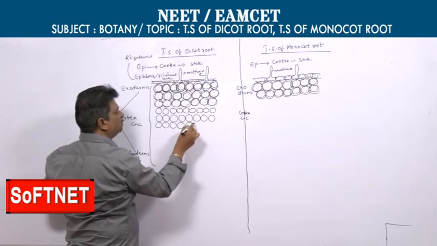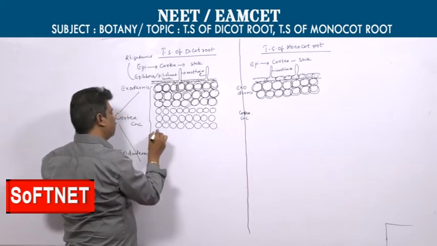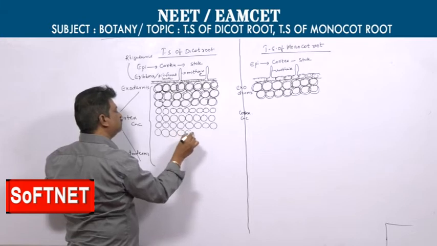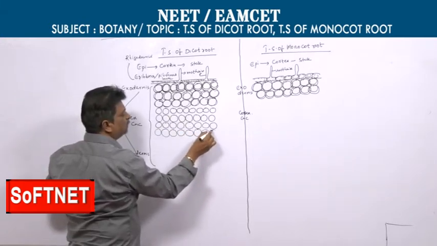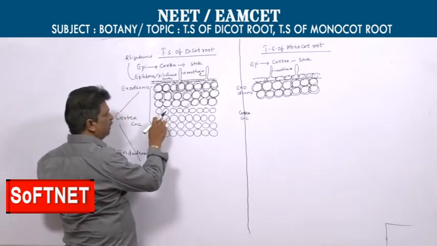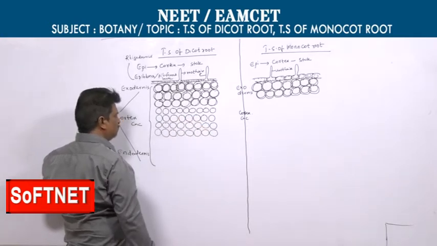General cortex means they are parenchymatous. Parenchyma means cells oval or spherical or round, loosely arranged, so intercellular spaces present.